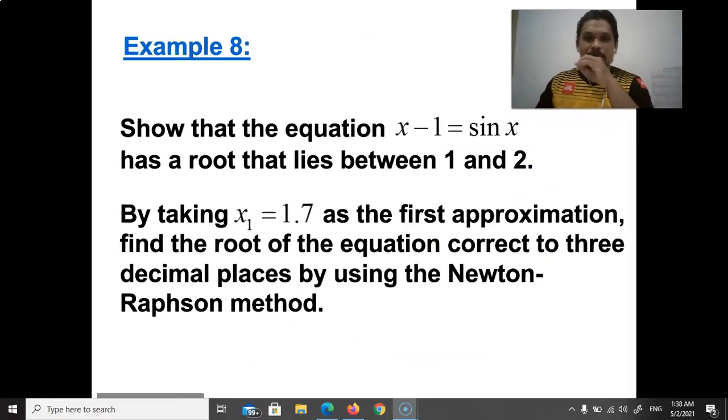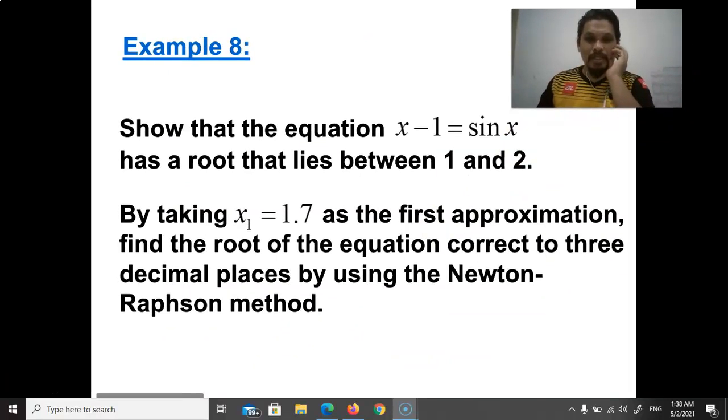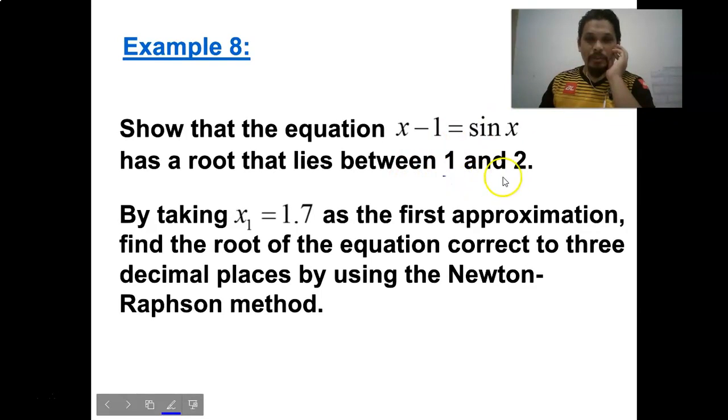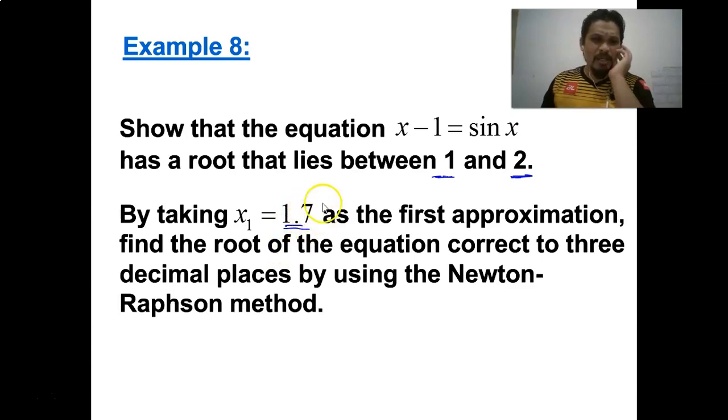So the equation x minus 1 equals sin x has a root that lies between 1 and 2. By taking 1.7, this example is exactly almost the same as example 7, if I'm not mistaken.